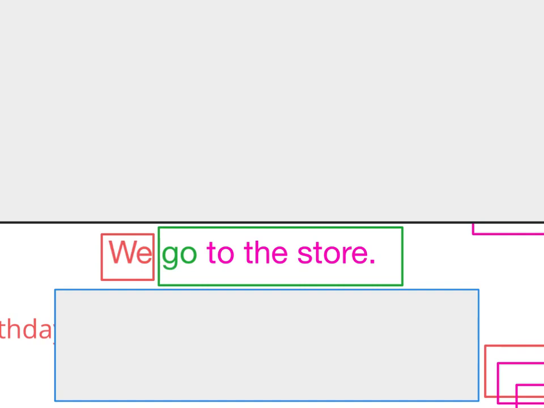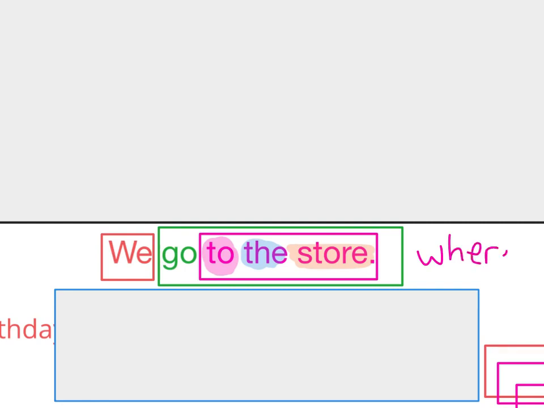To the store is telling us where we go. So that is a prepositional phrase. It begins with the preposition to, and it ends with a noun, store. And because store is just one, we have the little word the. And those three words together is the prepositional phrase answering the question, where?